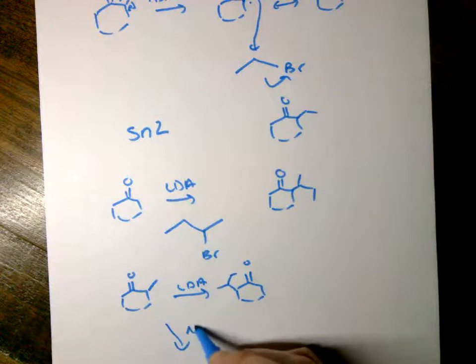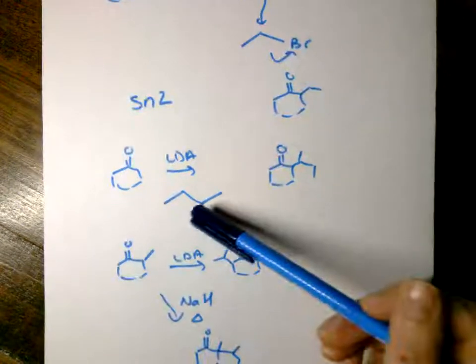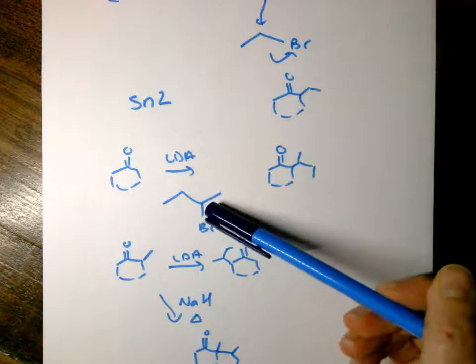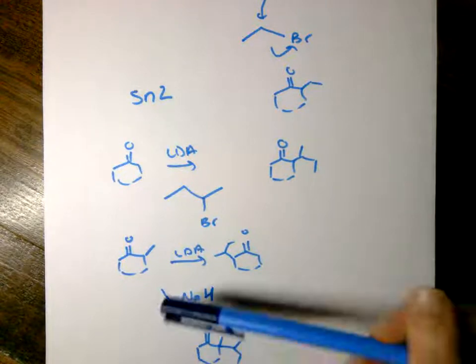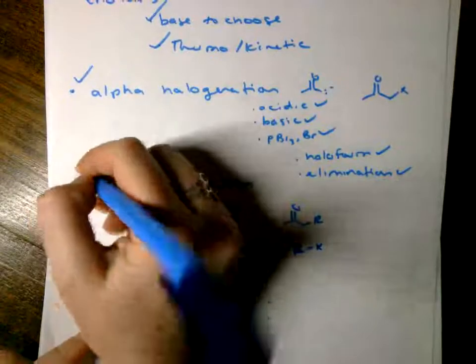If you use NaH and heat, you can favor the other side, but it starts to get risky because then you start to have elimination become an issue, an interfering reaction, elimination on your alkyl halide. So you don't want to use too much heat, but room temperature or slightly above with NaH will favor the thermodynamic, more stable, more substituted side. Okay, so that's alpha alkylation.